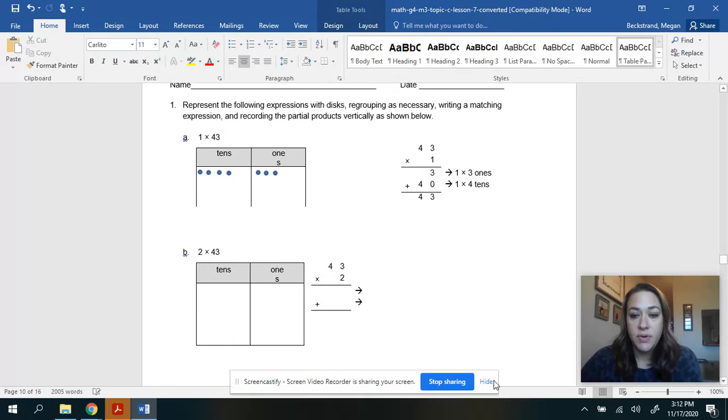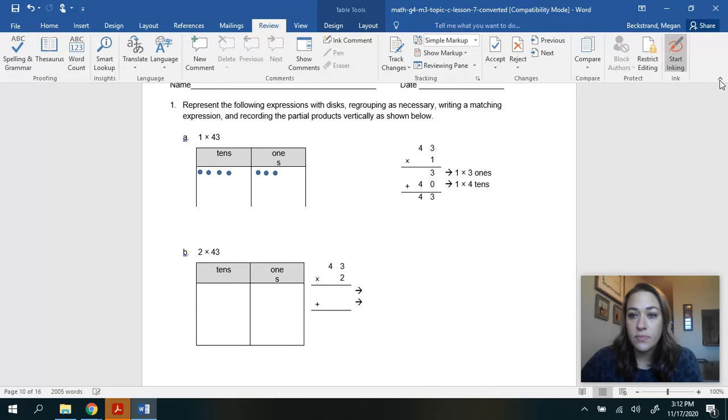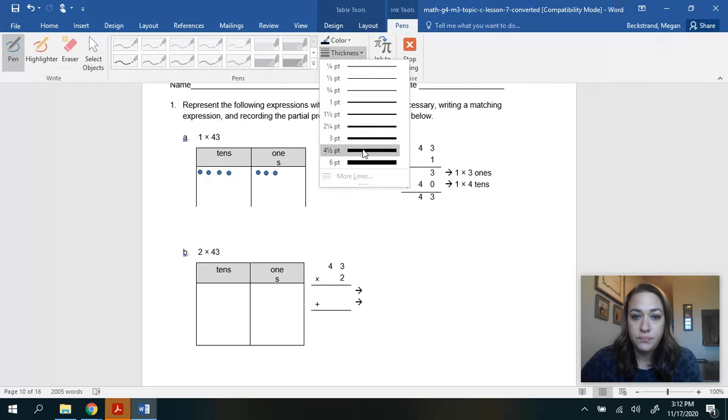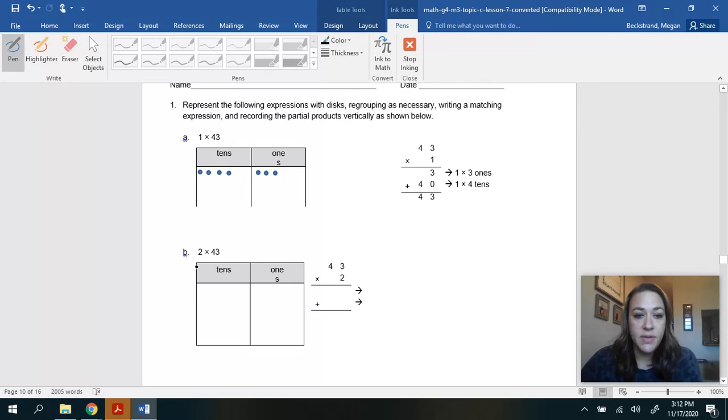Okay, so let's practice one together. Okay, so we have 2 multiplied by 43. So I have 4 tens to start with. 1, 2, 3, 4. And I have 3 ones. 1, 2, 3. And I'm multiplying that by 2. So I need 2 groups of that. So here's my one group.